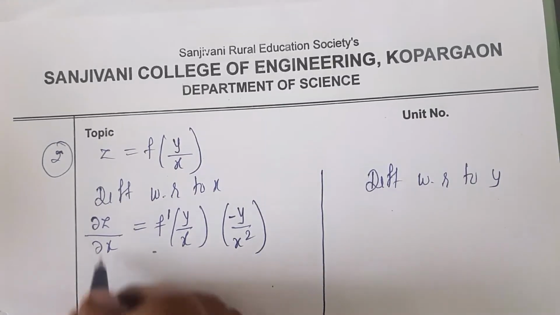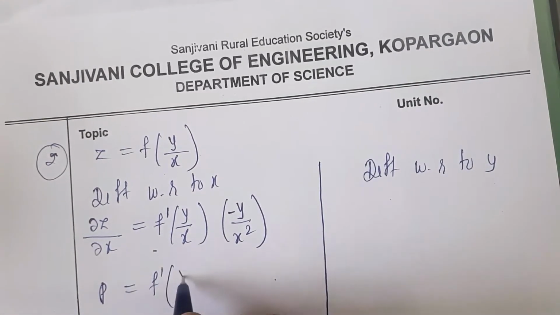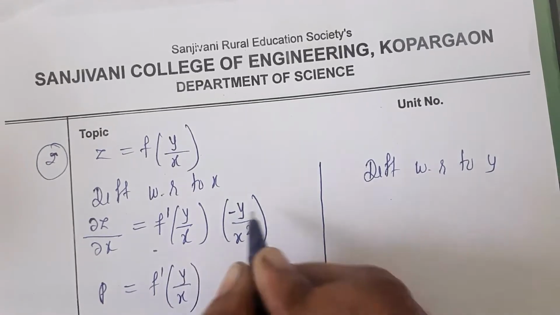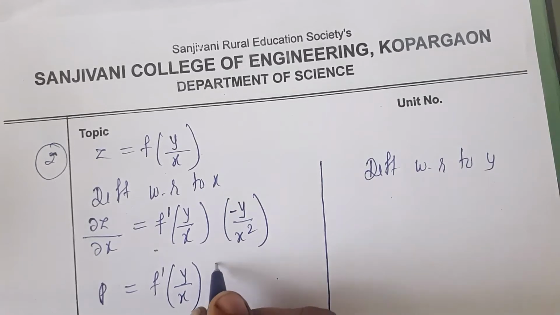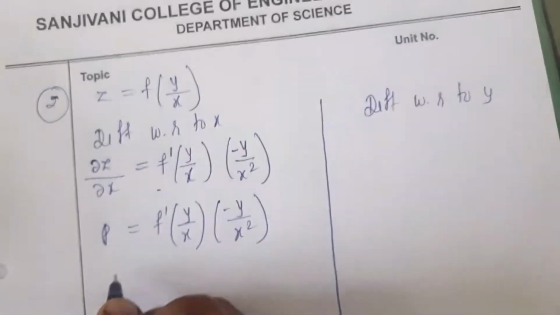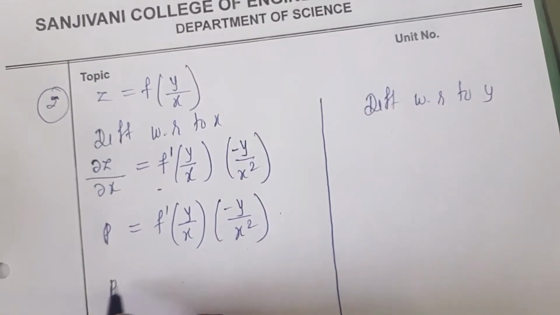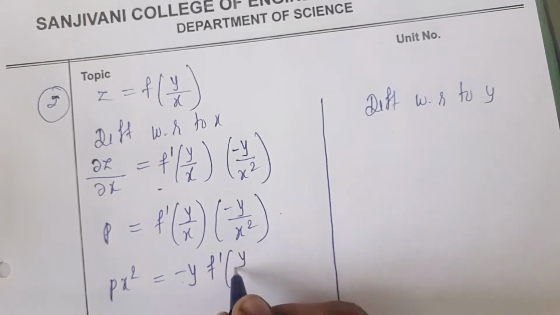So del z by del x is p, which is equal to f dash of y by x multiplied by minus y upon x square. Minus y upon x square we keep as it is. Or you can write it as p x square is equal to minus y into f dash of y by x.